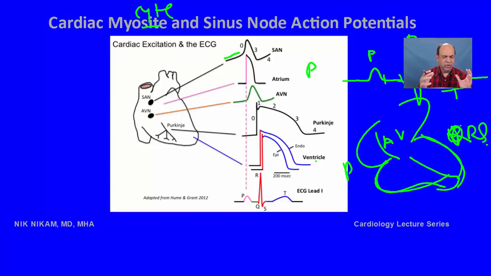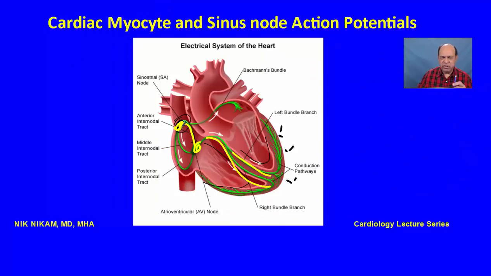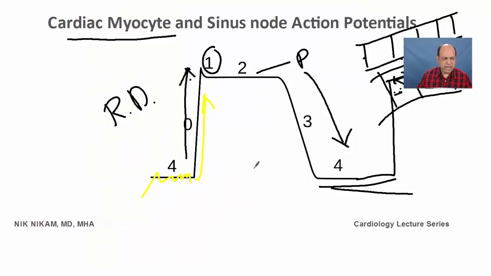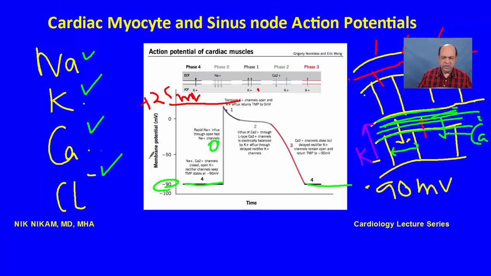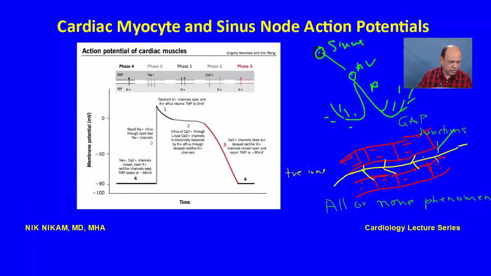So this is an overview of action potential. We started off with the basic concept of how the impulse begins in the sinus node, and then it traverses through the Purkinje system into the myocardial cells, what an action potential looks like, and how this action potential is propagated through the myocardial structures, through the nodes, Purkinje fibers, interstitial fibers or tissues, and eventually leading to the contraction of the heart muscle.